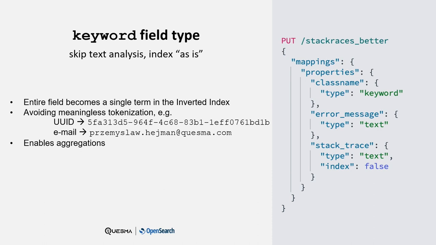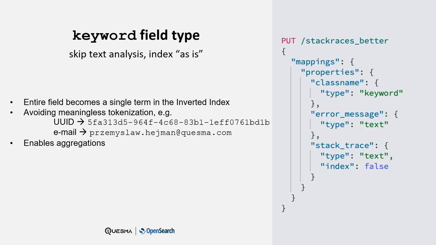And the keyword field type is a very good example for this. This is a separate type used in OpenSearch for text data, which basically tells it to skip the whole text analysis process and index this whole text as is. So essentially, the entire field becomes a single term in the inverted index.